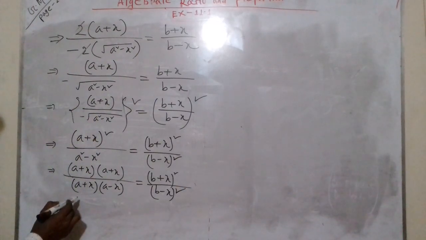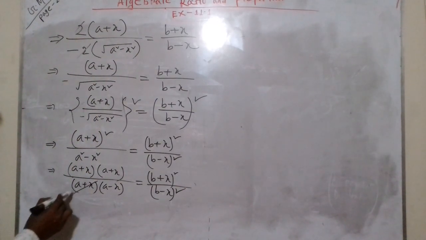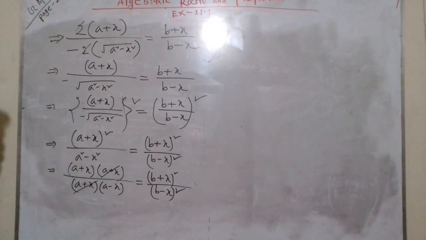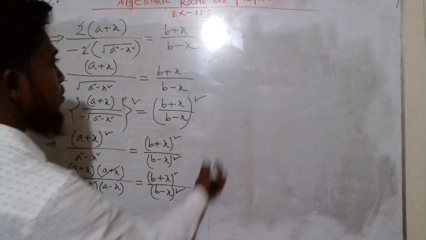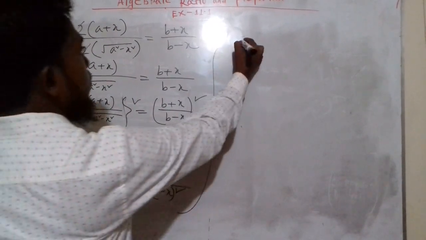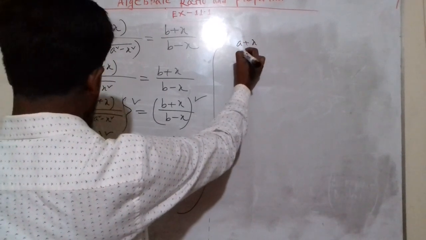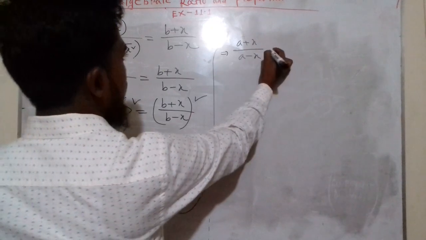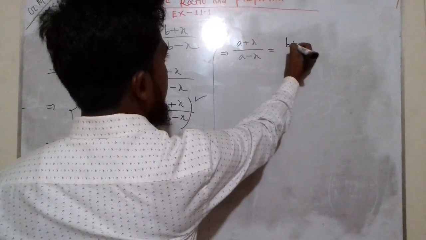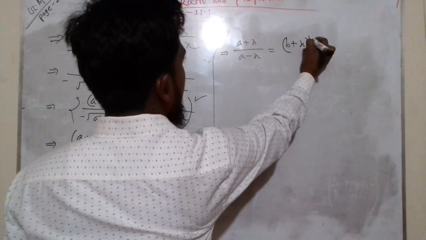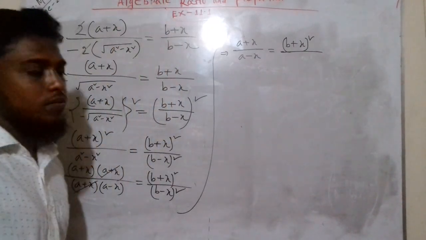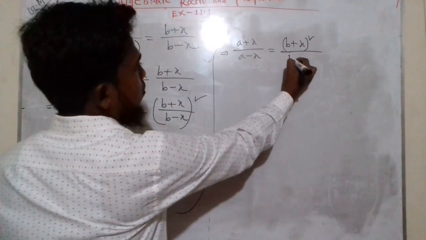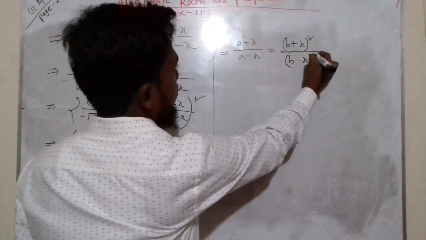So a plus x and a plus x cancel, so we can write a plus x divided by a minus x equal to b plus x whole square divided by b minus x whole square.